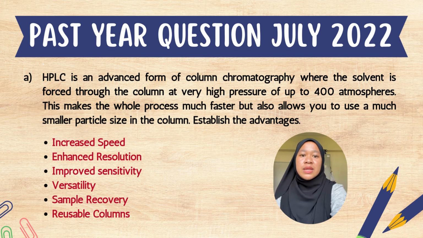This reusability feature is advantageous for laboratories conducting routine analysis. In summary, the high pressure and advanced capabilities of HPLC result in faster analysis, improved resolution, enhanced sensitivity, versatility in sample analysis, sample recovery options, and cost-saving column reuse, making it a powerful tool in analytical chemistry.